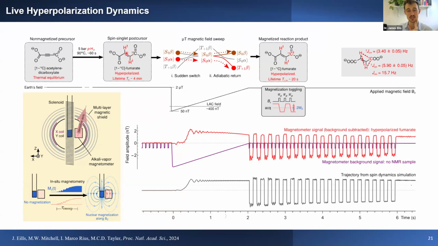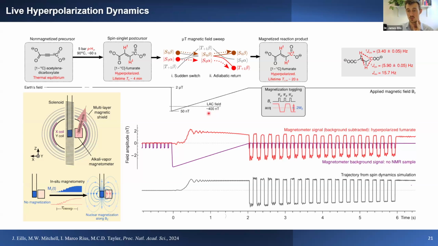And so what we do in these experiments is we hydrogenate to produce fumarate. The protons are in a singlet state. And I've said before, this is essentially a non-magnetic state that we can't observe. And so we apply pi pulses and we try to detect magnetization, and we see essentially nothing here in red. And then we drop the magnetic field close to 0 and ramp it up. And we see that as we pass through this 400 nanotesla level anti-crossing field, the sample's magnetization jumps up.